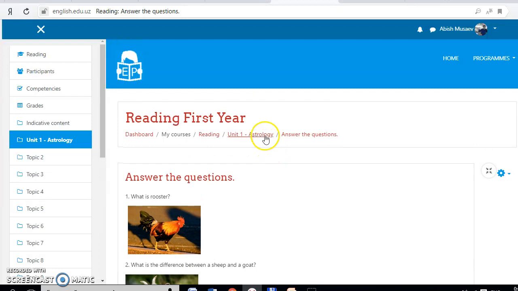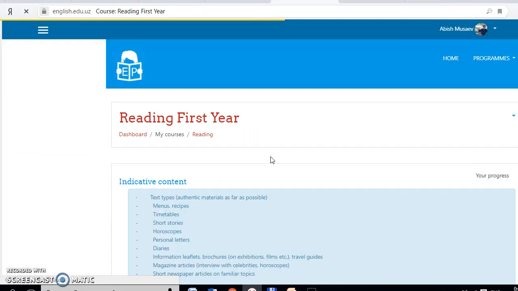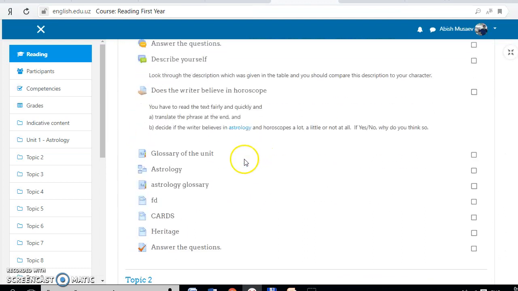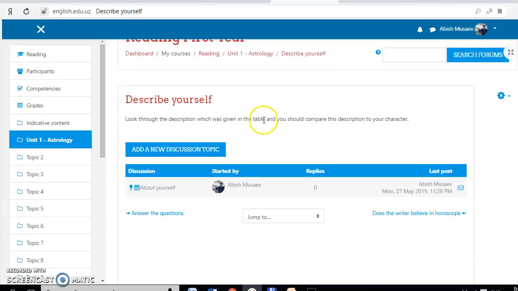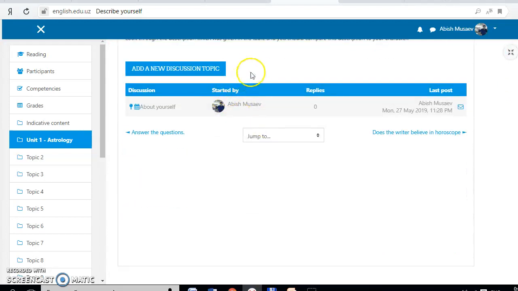So in the second activity, I designed a forum discussion. Here learners should read the 12 descriptions.